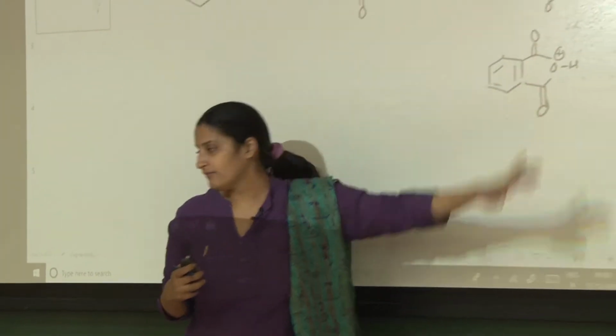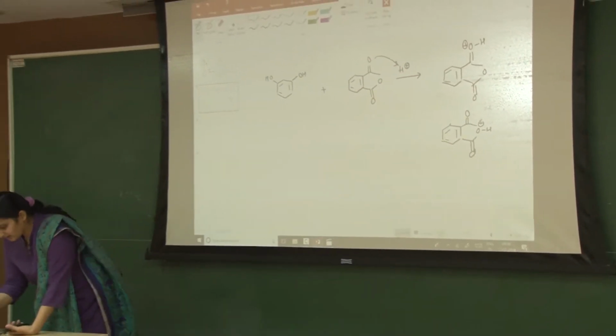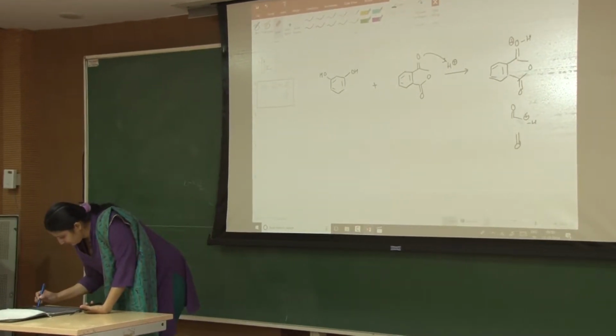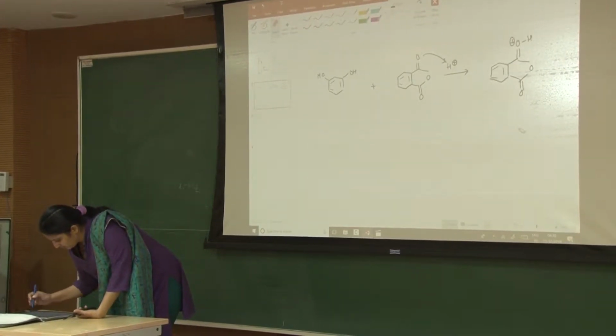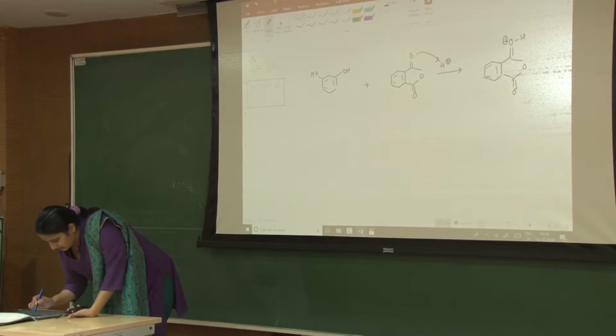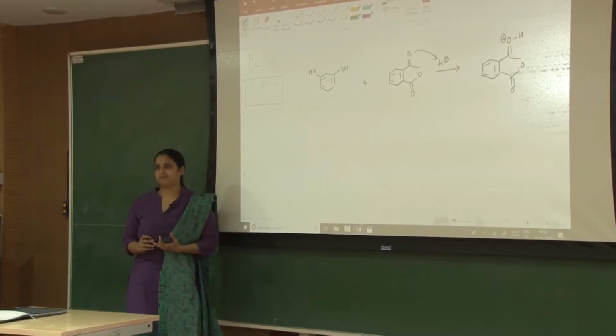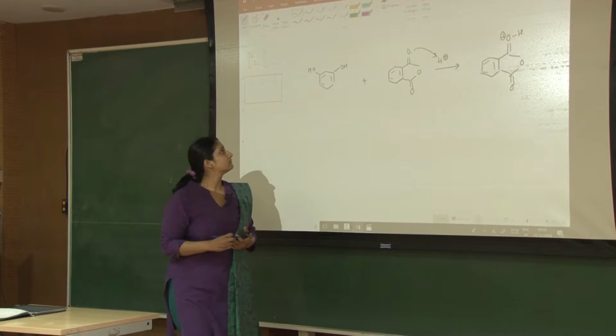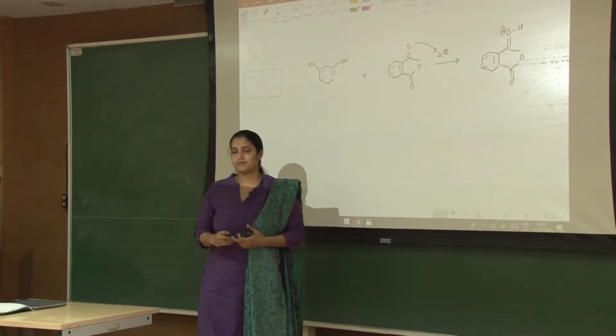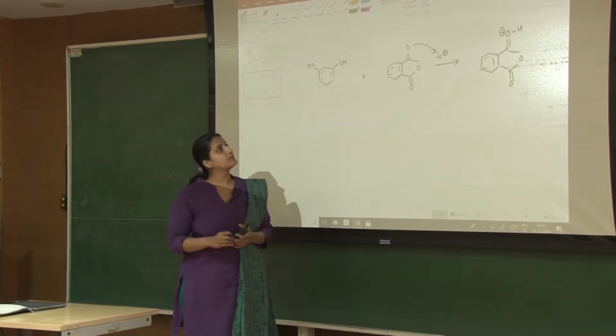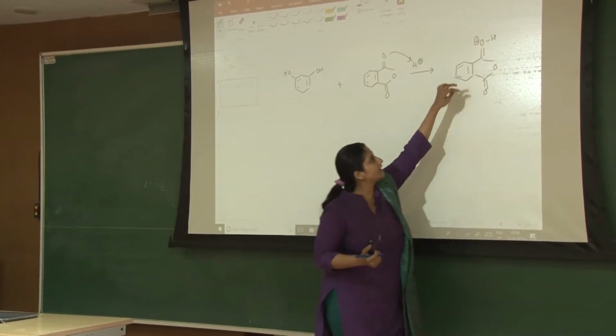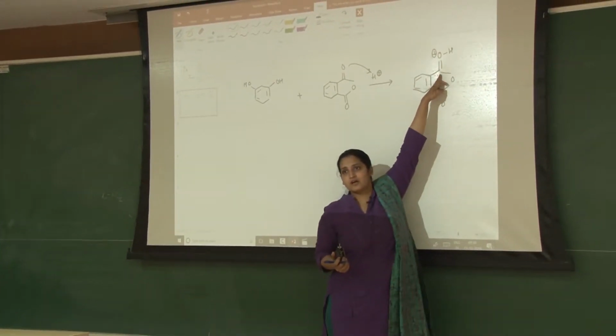Okay. So, I have this now, let us get rid of this one. So, what will happen next? Okay, so there is a resonance happening, there will be a positive charge on the carbon.